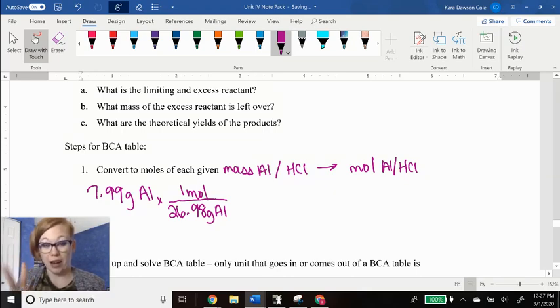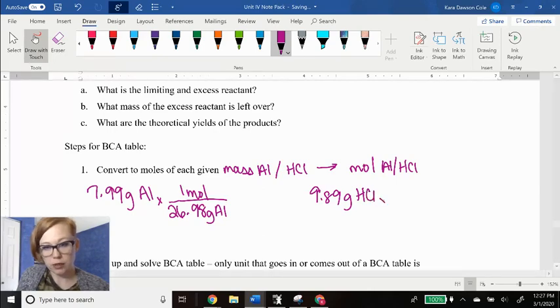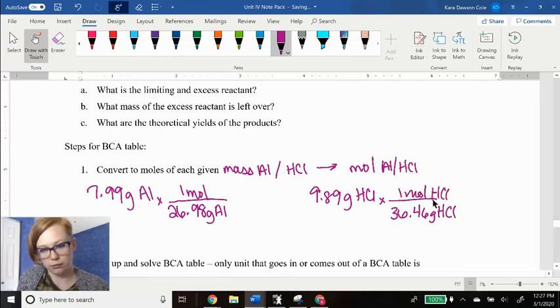I have to have 2 because I've got 2 reactants. So then it's 9.89 grams of HCl times, and again, I already did this, 36.46 grams of HCl for 1 mole of HCl.